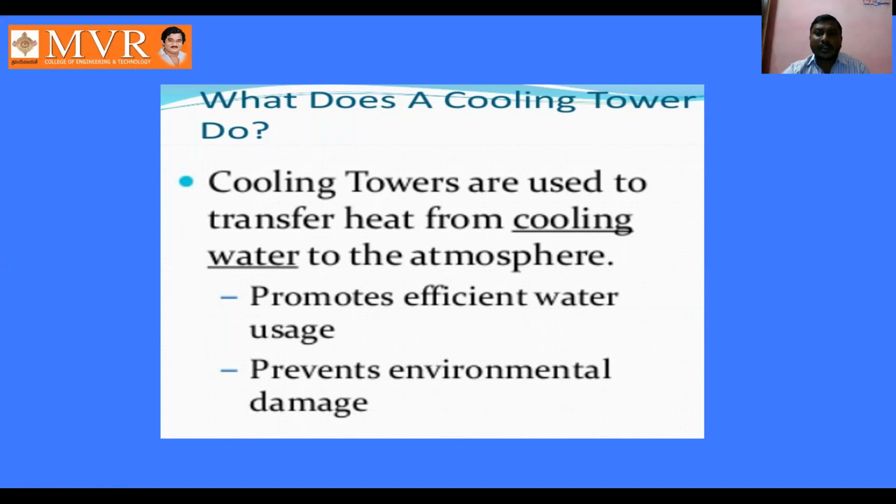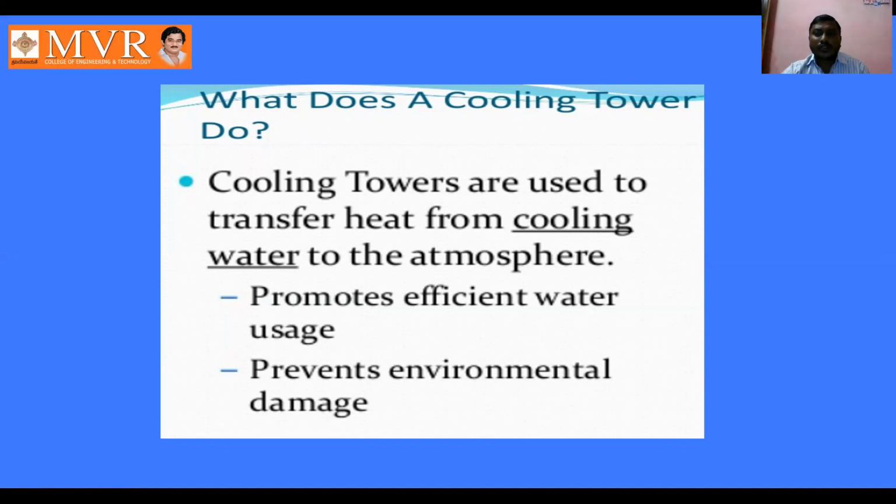And coming to the mechanical draft or forced draft cooling tower, the cooling tower requires a fan at the bottom. By using this FD fan, the air is collected from the atmosphere and sent into the cooling tower.